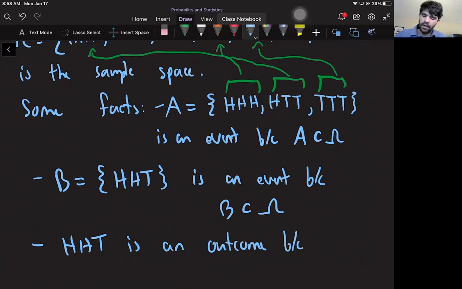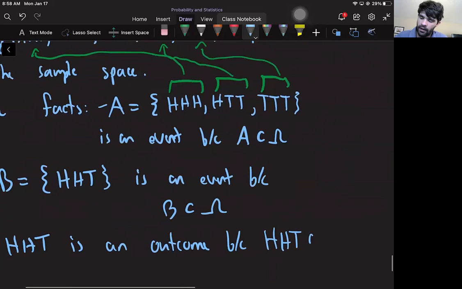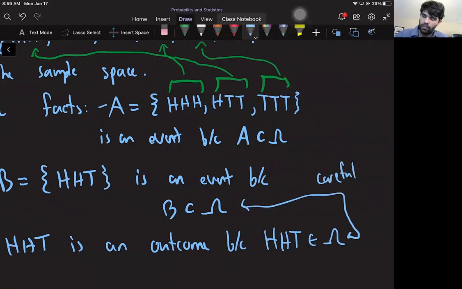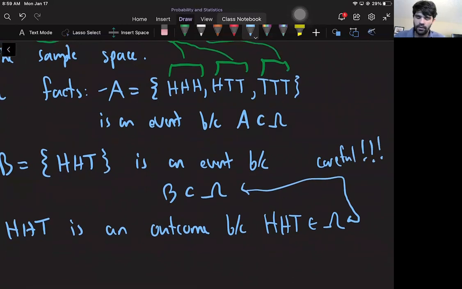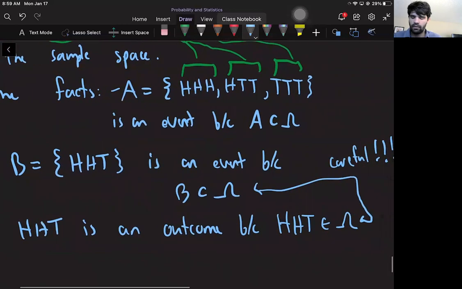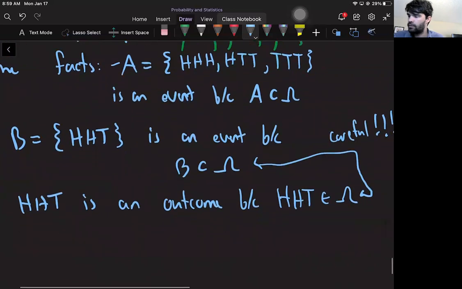And that's because HHT is an element of omega. So be aware of this difference of these notations, and be very correct and precise when you use them. These are 2 different types of things going on. One is a subset, one is an element. You got to use them correctly.